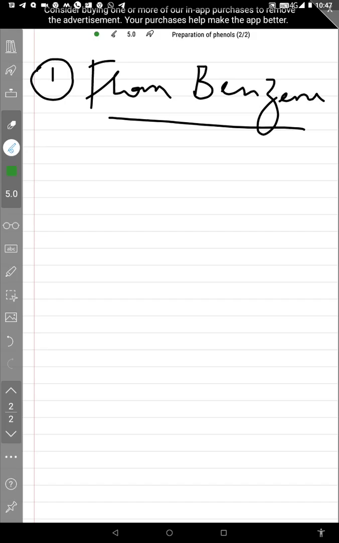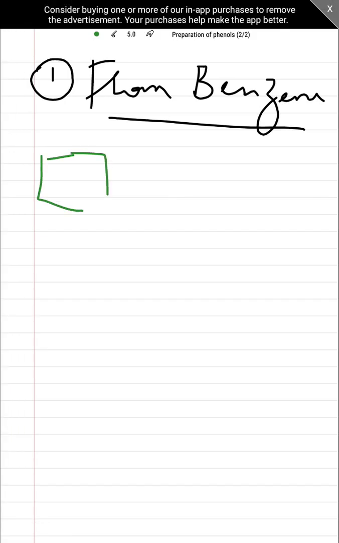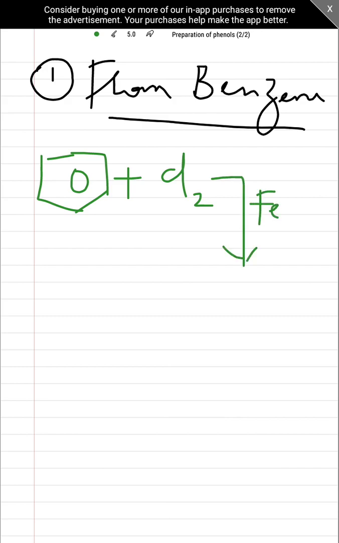We know very well that benzene undergoes electrophilic substitution reaction, like chlorination in presence of any Lewis acid. Let us take an example of FeCl3. Any Lewis acid we can take here. When benzene undergoes chlorination in presence of a Lewis acid, it will produce chlorobenzene.